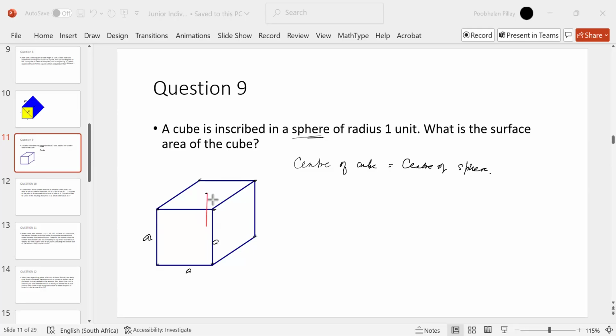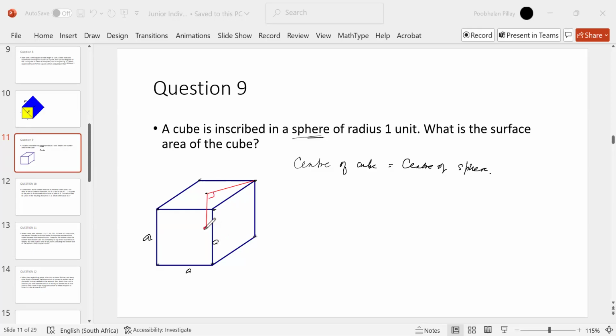Now, this line here is a vertical line. It's actually perpendicular to this line here. This line is on the top of the cube, and this one here is going from the center to the center here. So it will be perpendicular to this entire face, but in particular to this line which I have drawn.